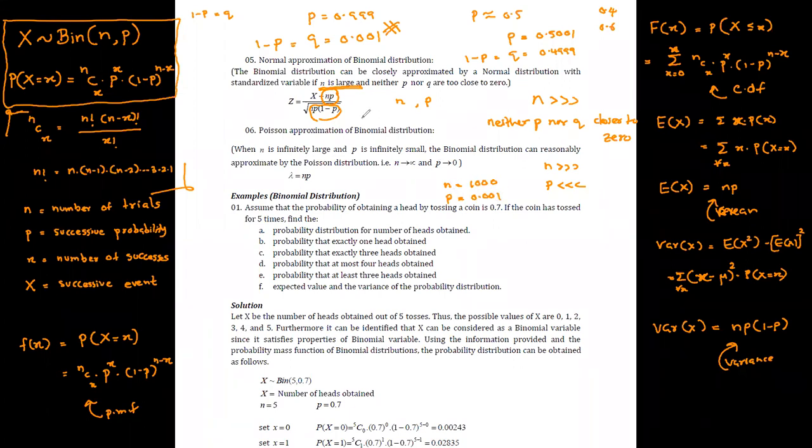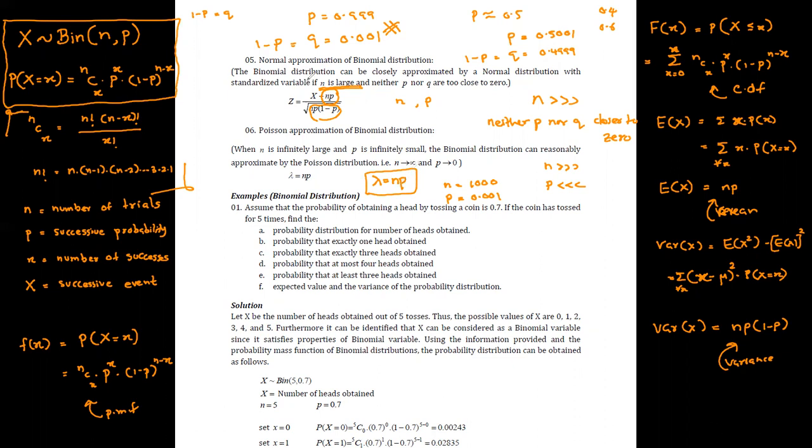Then we can approximate our binomial distribution by the Poisson distribution. In the latter part of these discrete probability distributions, I will discuss the Poisson distribution. Then this can be modeled using the Poisson distribution with one parameter, say lambda. Then lambda equals n times p, where n and p come from the binomial distribution, where n is the number of trials and p is the success probability.